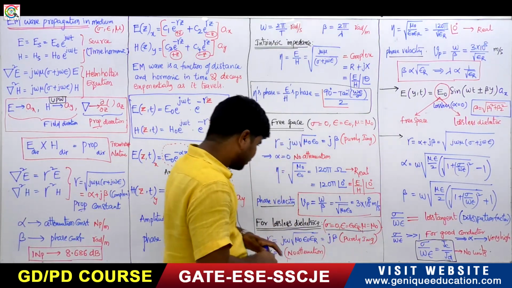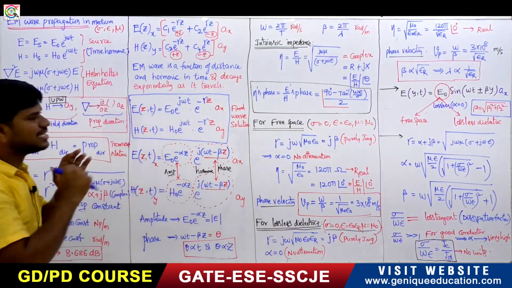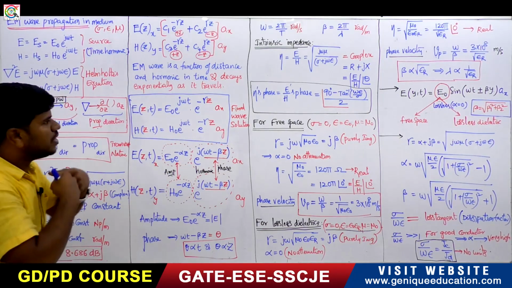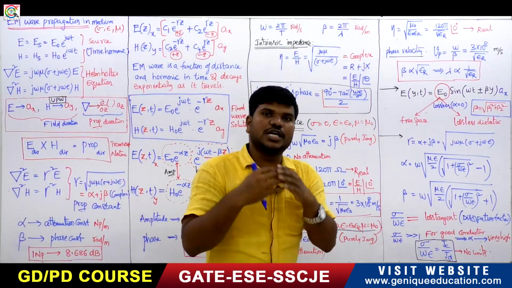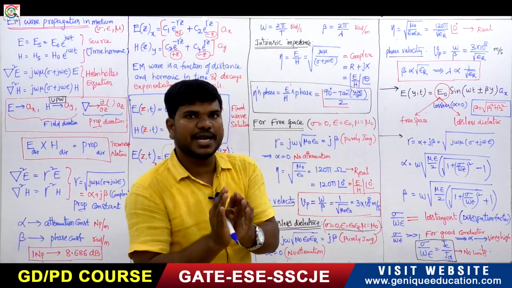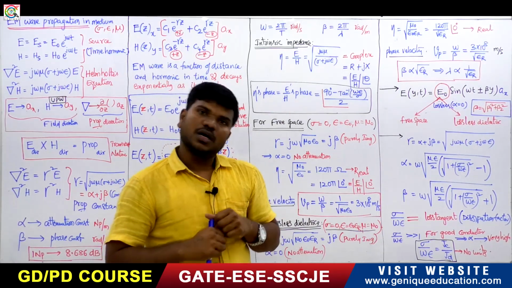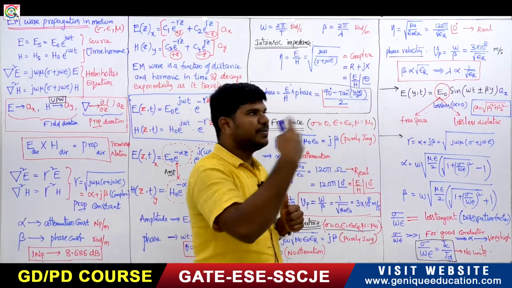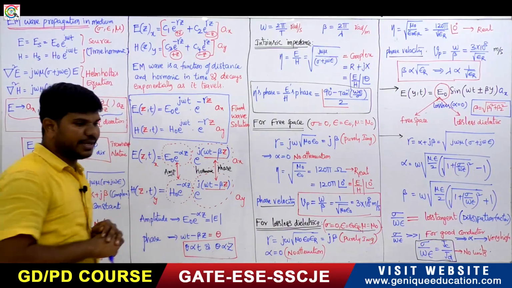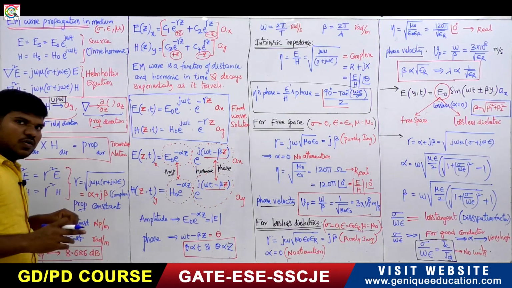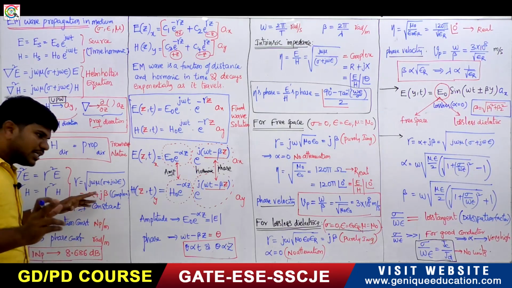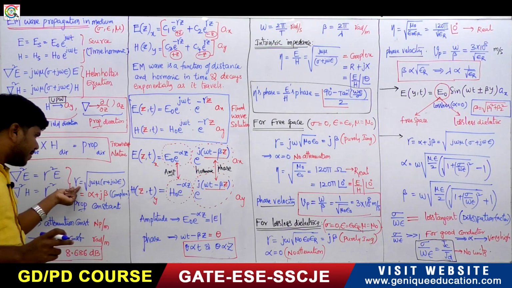Next, this is the EM wave. So the EM wave is generated, and we have to investigate how the EM wave is propagating in different mediums. We have decided what the propagation constant of the medium is.